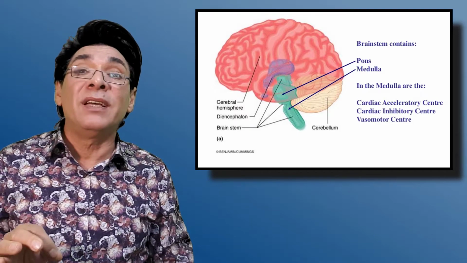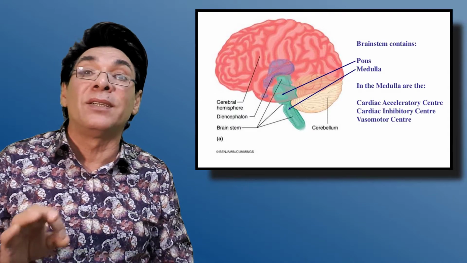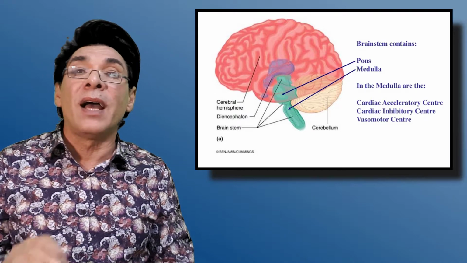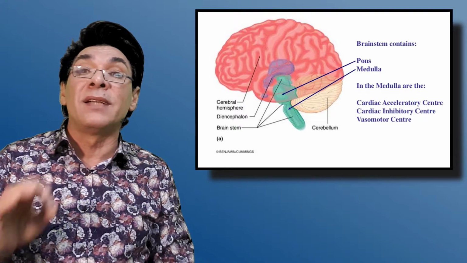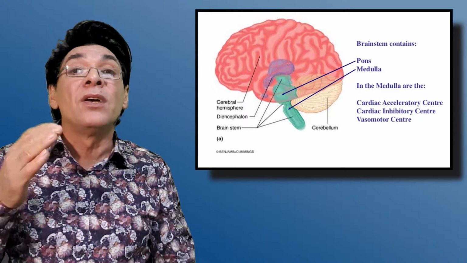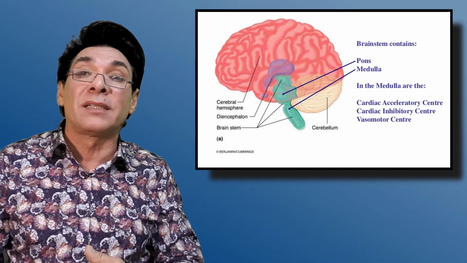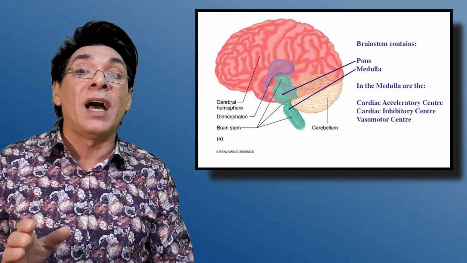Both sympathetic and parasympathetic stimulations flow through a paired complex network of nerve fibers known as the cardiac plexus near the base of the heart.